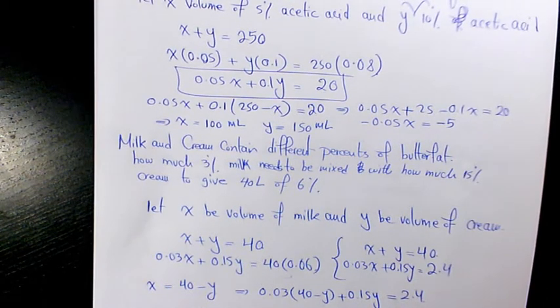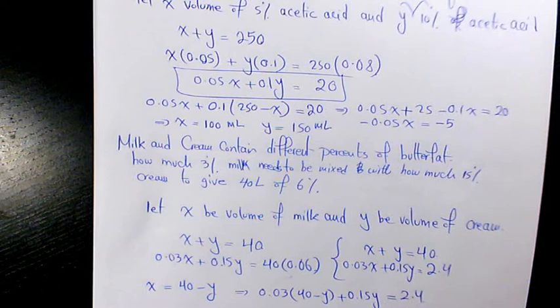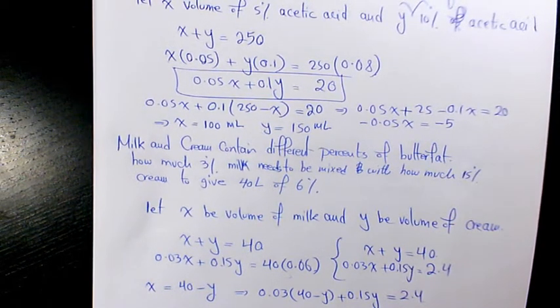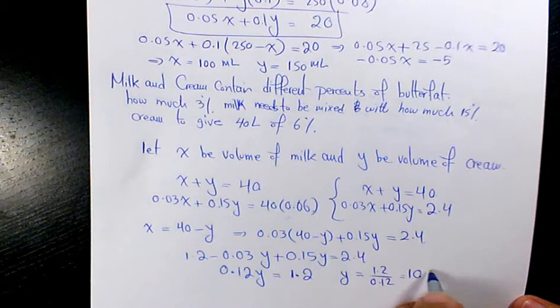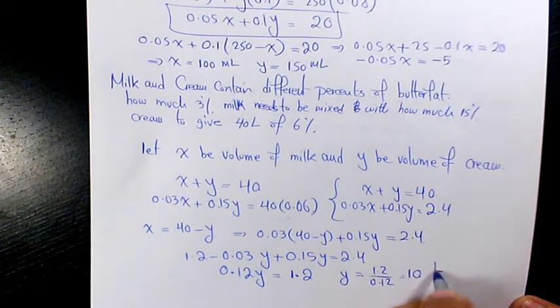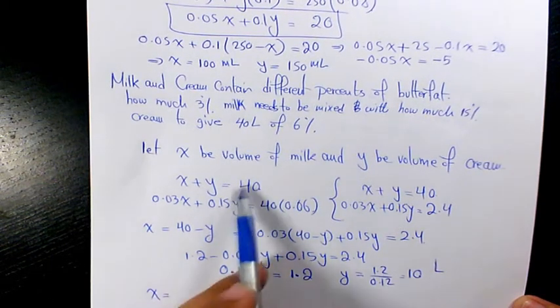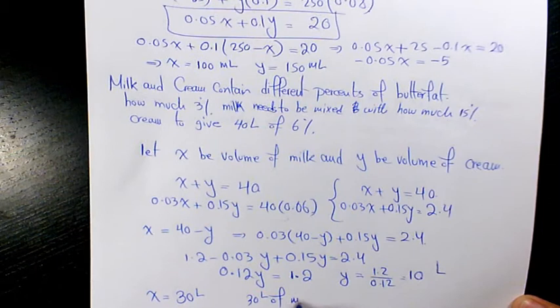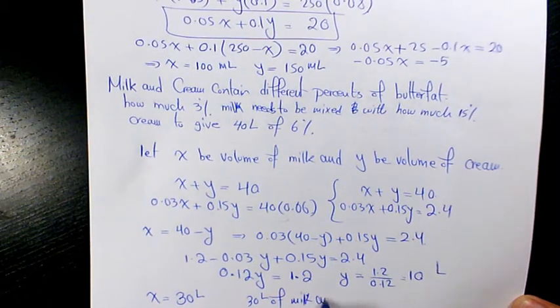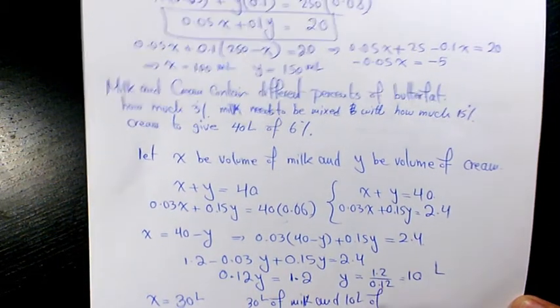So 0.12y equals 2.4 minus 1.2, which is going to be 1.2. y will be 1.2 divided by 0.12. That's going to be 10. So y will be 10 liters, and x will be 40 minus 10, which is going to be 30 liters. So 30 liters of milk and 10 liters of cream.